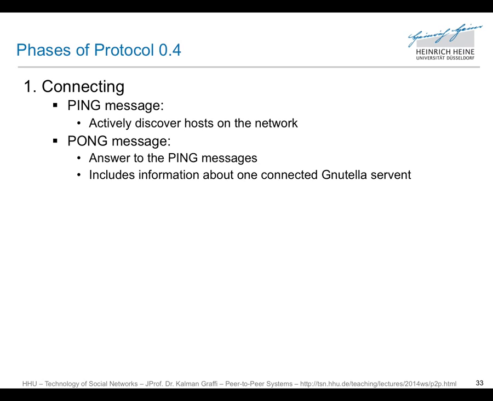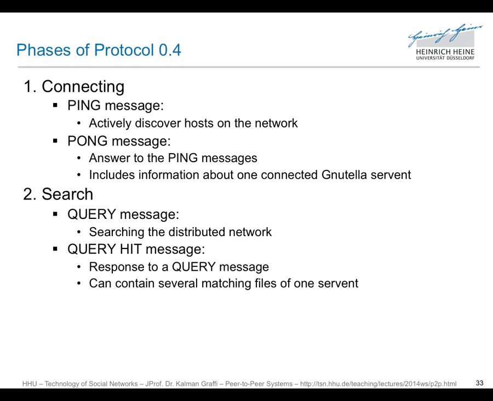Okay, this is for connecting. What we have for search is the query message. So you type in what you are interested in, and that's it. Then it's flooded. We'll see how it's flooded. And the response is a query hit, and it tells which files there are and how you can contact the nodes which have these files.